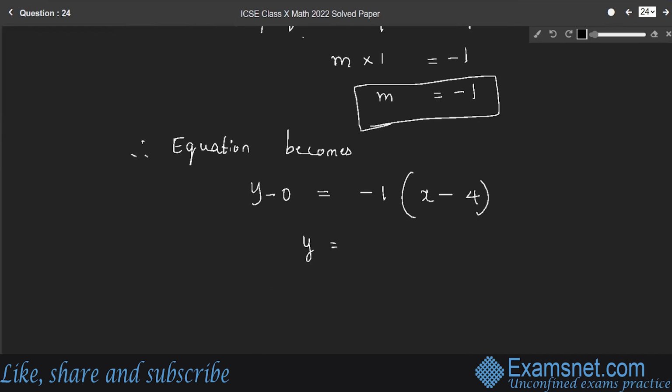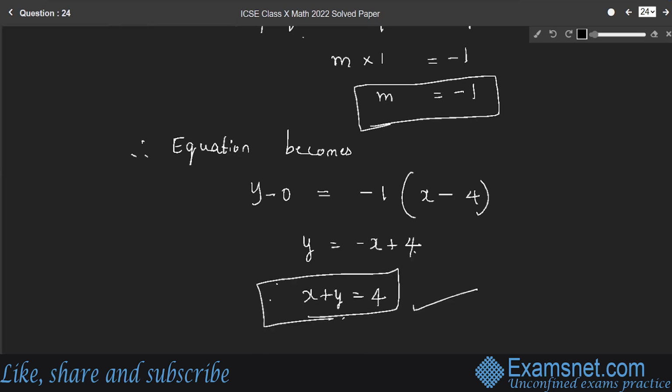Therefore y is equal to -x plus 4, or you can write it as x plus y is equal to 4, or x plus y minus 4 is equal to 0. So the equation of line AB is x plus y is equal to 4, or x plus y minus 4 is equal to 0.